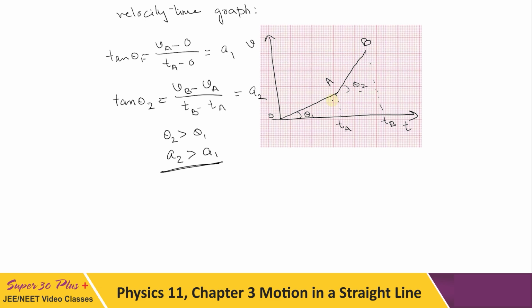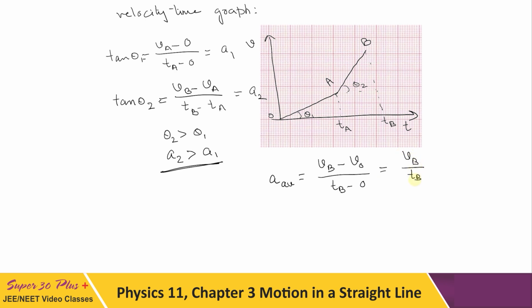Now if someone asks you what is the acceleration from O to B, of course this will be known as average acceleration, because it is asking for the average acceleration between O and B. So we have to write velocity at B minus velocity at 0 upon the total time span, TB minus 0, which comes out as VB upon TB.